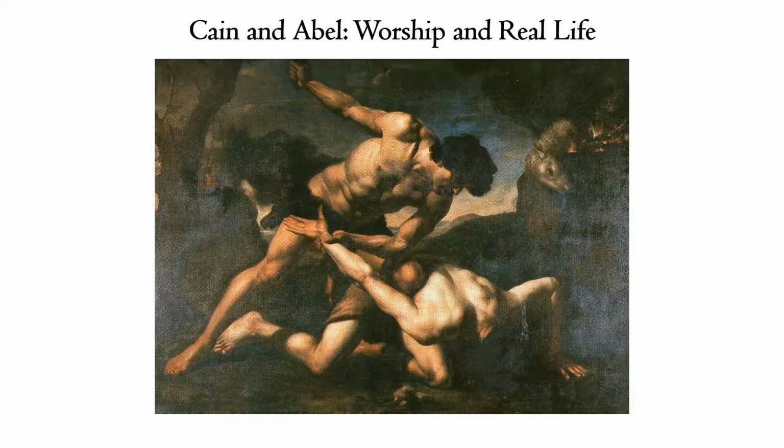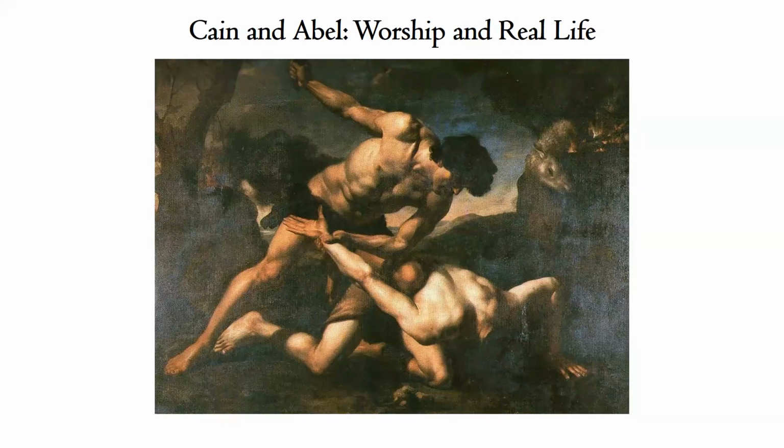But I think there's something else going on here, and I can't prove it, but I think it's there in the background. Abel brought blood, and Cain just brought grain. Abel understood that this was a picture of the coming Messiah, so there would be blood. Where Cain was just going through the motions, he was paying God something so that he would get something in return.